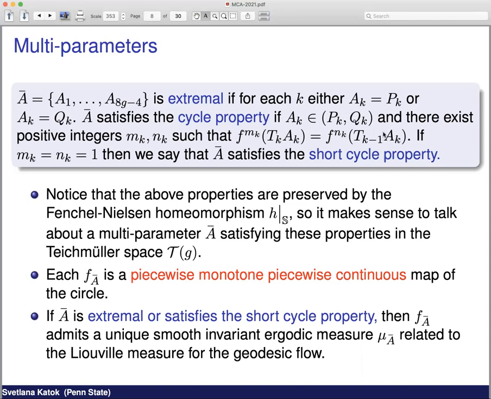So this basically tells you that the map is not defined at the partition points, okay? So instead of saying that the map is not defined, you can say it is defined in 2 different ways, if you pretend that you are slightly below, and if you pretend that you are a little bit above. The point is that the cycle property is actually always satisfied if A_k is between P_k and Q_k.